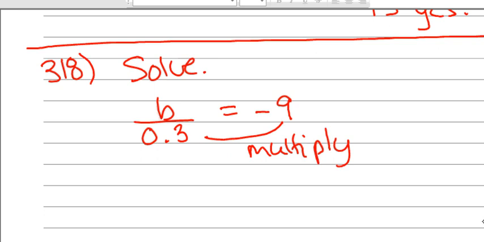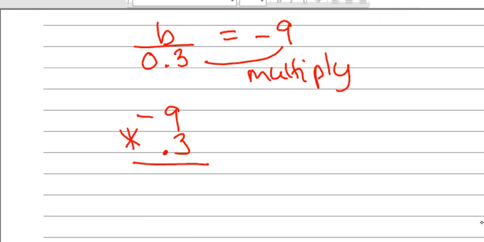So all we're going to do is multiply -9 times 0.3. I'm just going to multiply it. I'm not going to stick the 0 in. You don't need to stick the 0 in. And -9 times 3, it's going to be a negative, is -27.